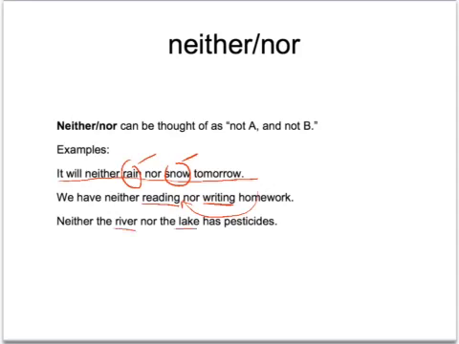So river, lake, you got two nouns again that are of equal value. Note also that the article was included in both cases. Even though it's common in spoken language to say neither the river nor lake has pesticides, you really should include the article in both examples.